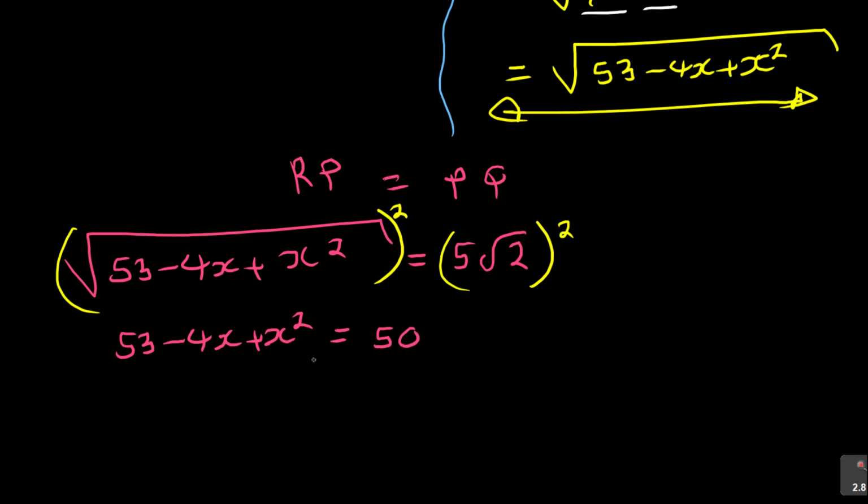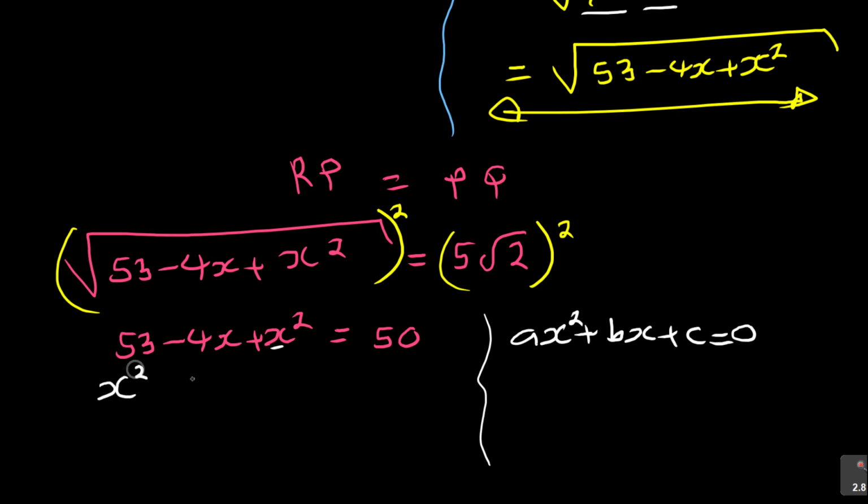Then from there, I need to simplify this. This is a quadratic equation, and how is a quadratic equation like? Remember, ax squared plus bx plus c equal to 0. So that's how you must arrange it. You start with the x squared, then minus 4x, then plus 53, and then I take this 50 to the other side.